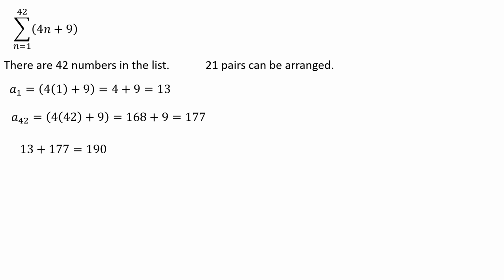So each pair adds up to 190, right? I took the first number, 13. I took the last number, 177. That pair of numbers adds up to 190. So the grand total, 21 pairs. Each pair is 190. Multiply those numbers. I get an answer, 3,990. And so that would be the sum.